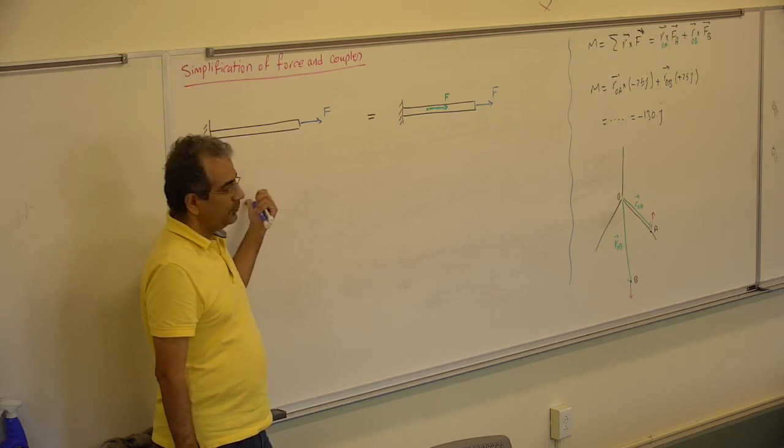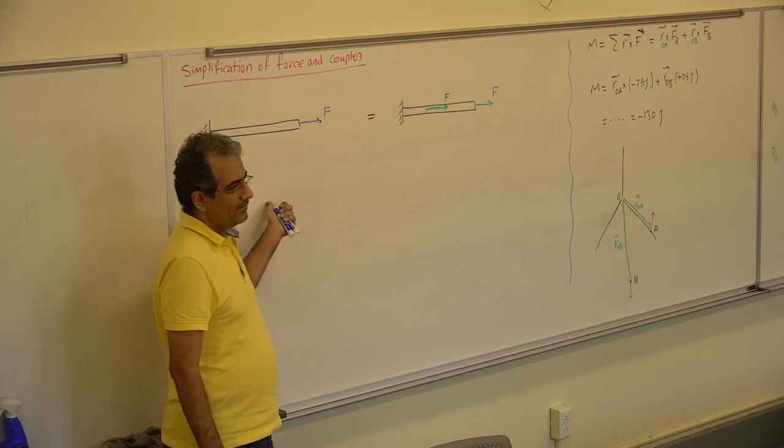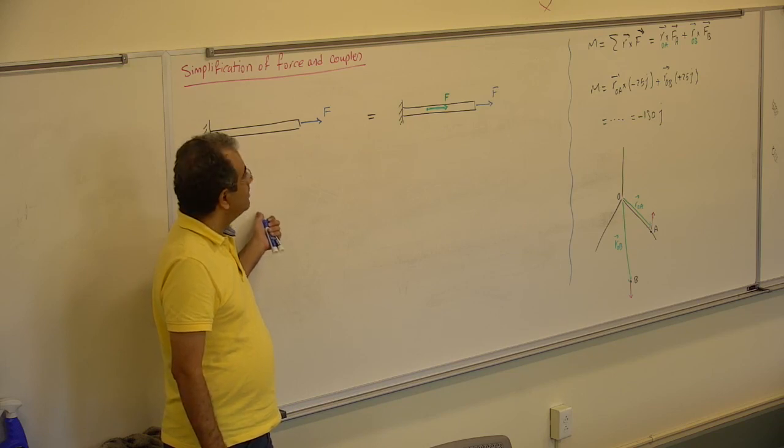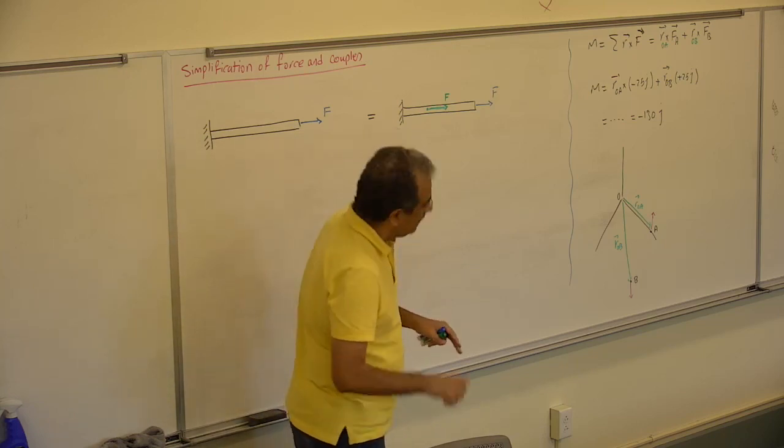How can I make them equal? What if I go ahead and add another one here?